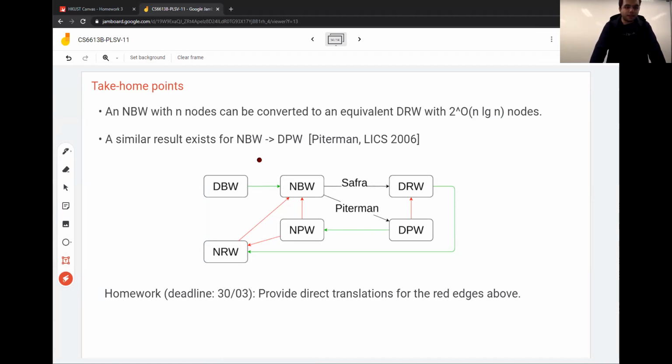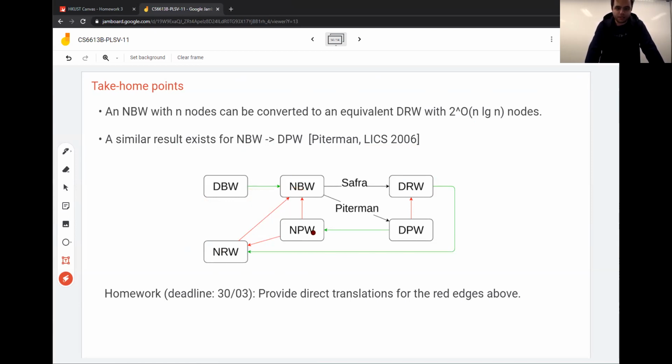And a very similar result, but much more complicated, exists for translating non-deterministic Büchi to deterministic parity. And this is also a very celebrated result. It was obtained by Nir Piterman and published in LICS 2006. So we have this kind of translation between the different types of automaton. If you have a deterministic Büchi automaton, well, it's trivially also a non-deterministic Büchi automaton, right?